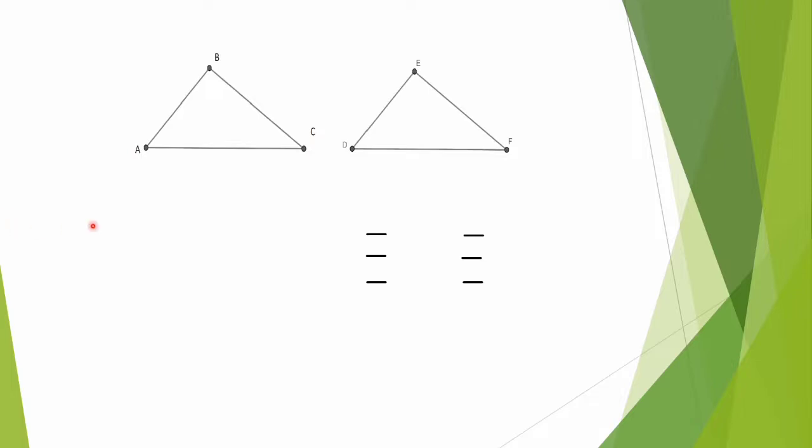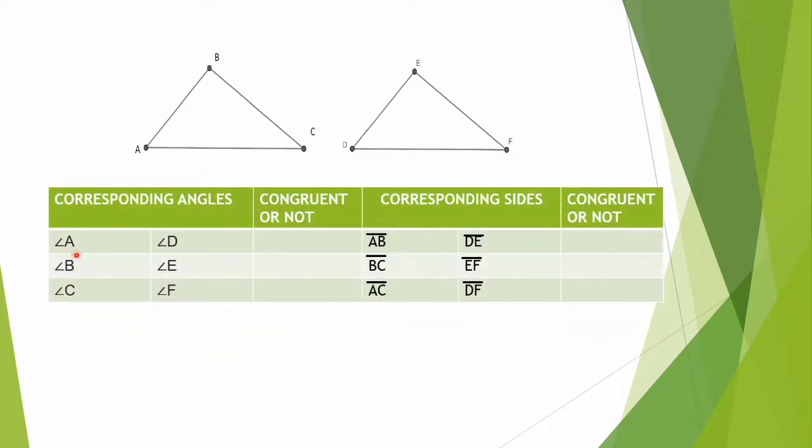Let us check if the corresponding angles and the corresponding sides of triangle ABC and triangle DEF are congruent. Angle A and angle D are congruent. Angle B and angle E are also congruent.